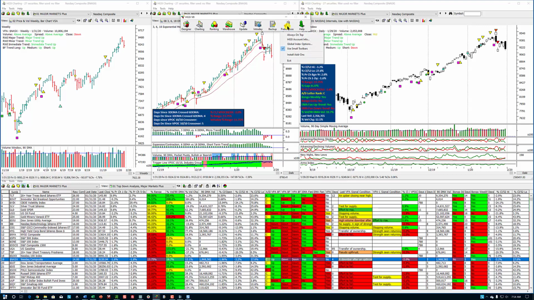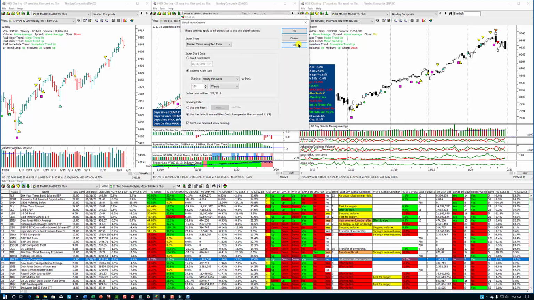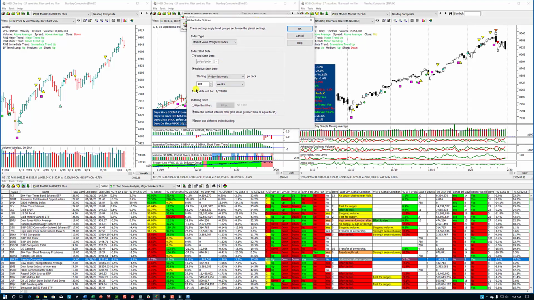I'm going to click on Preferences, and I'm going to go to Global Index Options. Now, I decided several years ago to use a relative start date starting Friday this week, but going back 104 weeks rather than 52.